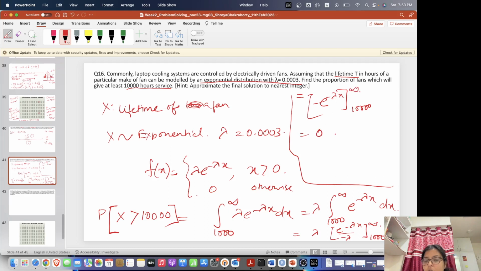So putting infinity here we'll get 0 minus minus of e to the power minus lambda into 10,000.